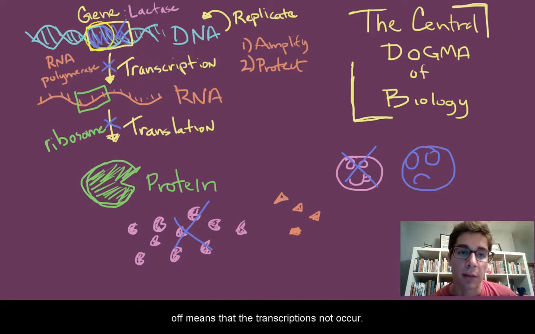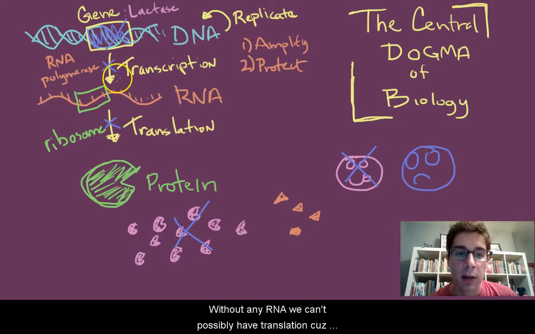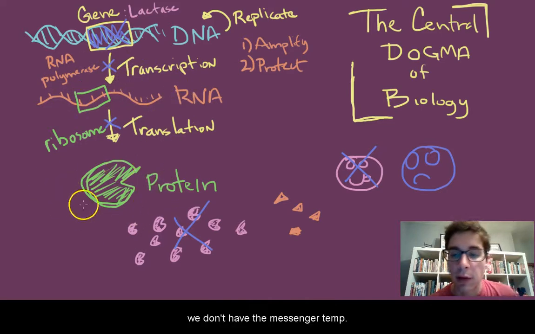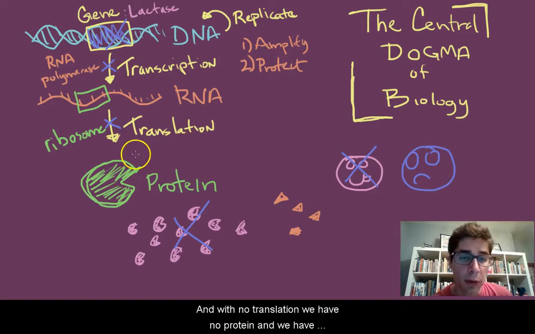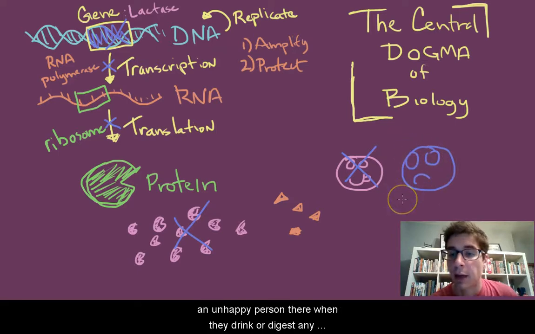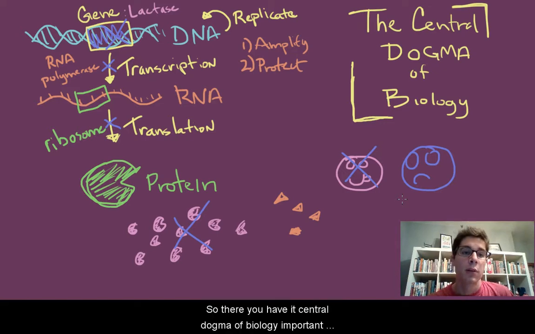That's what turned off means, is that the transcription is not occurring. And without any RNA, we can't possibly have translation because we don't have the messenger template. And with no translation, we have no protein, and we have an unhappy person there when they drink or digest any dairy products. So there you have it, central dogma of biology.